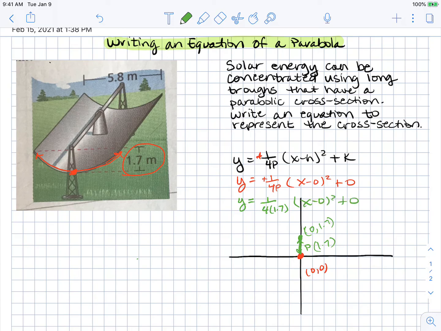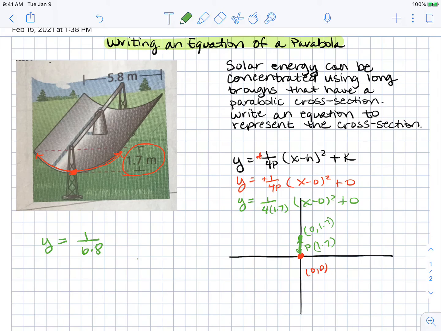Okay. When I take out my handy dandy calculator, I can multiply these two numbers together, and that's going to give me that my equation is y equals 1 over 6.8. That's these two numbers; 4 times 1.7 is 6.8.